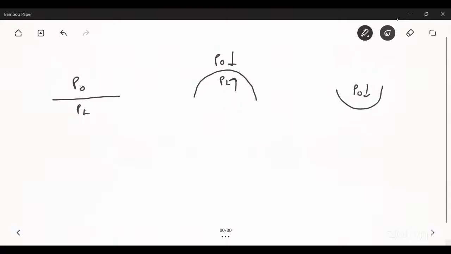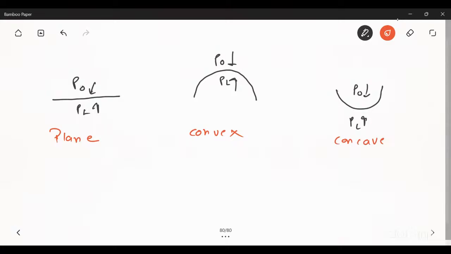Pressure outside, pressure of liquid. Now consider the first figure. First figure is plane, second is convex, third is concave. That was a rise in liquid level. Maybe they will be in a plane surface, in a convex surface, or in a concave surface.